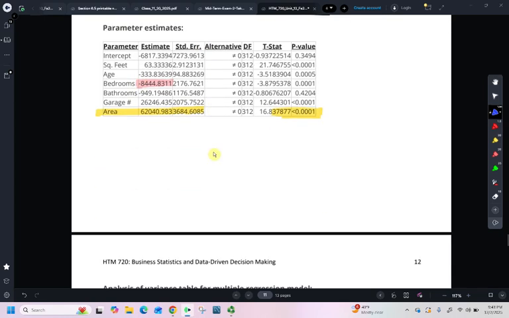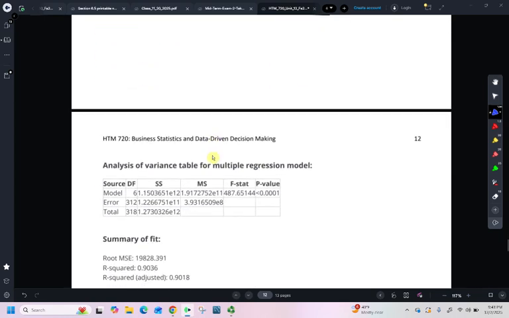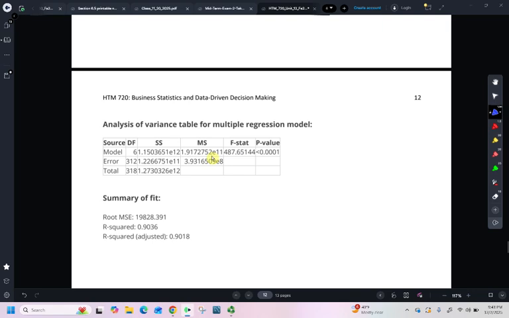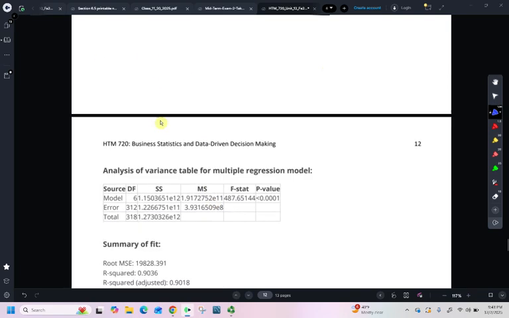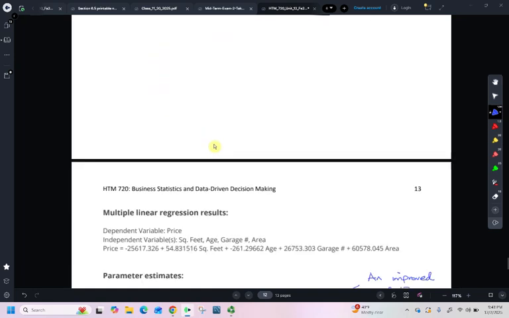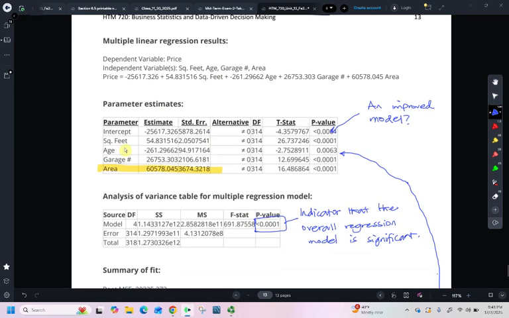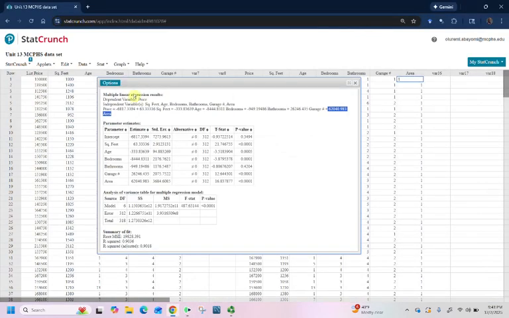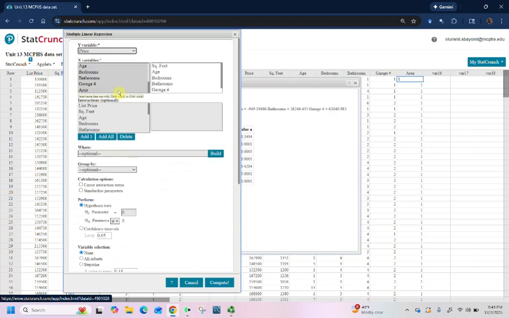And I can do that. And that gives us a reason to start thinking about improving the model. And what are some of the ways to improve the model? I'm going to try to drop the two misbehaving independent variables. So I can go back to StatCrunch. I'm going to go to Edit.